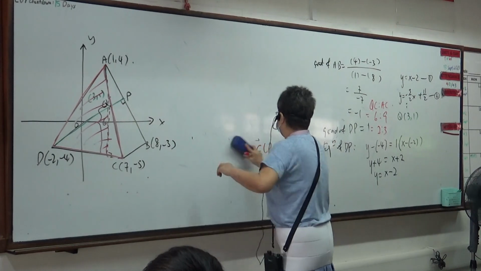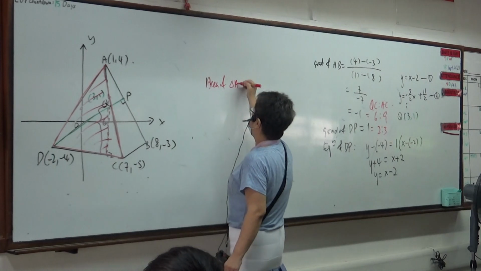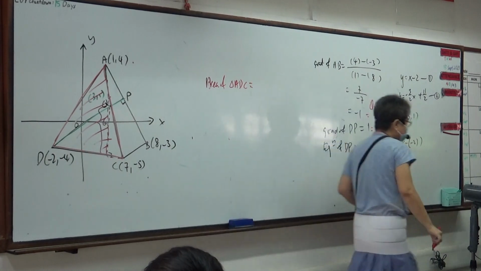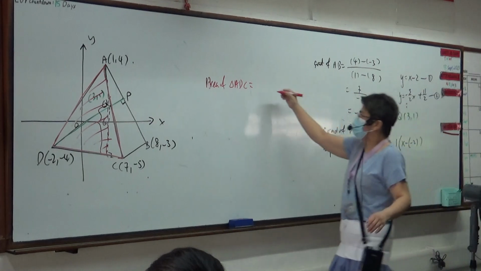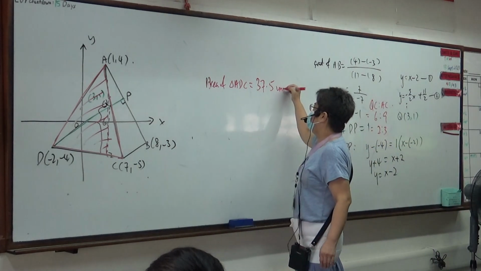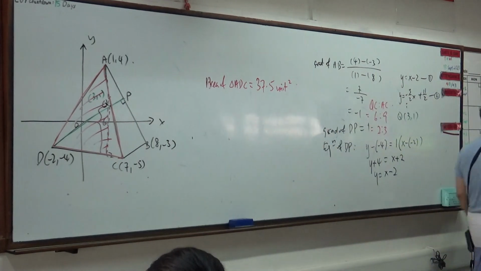I'm not going to find it, so I just write down the answer. Area of triangle ABC will be. The question says that the answer is what? 37.5. 37.5 unit square, right?